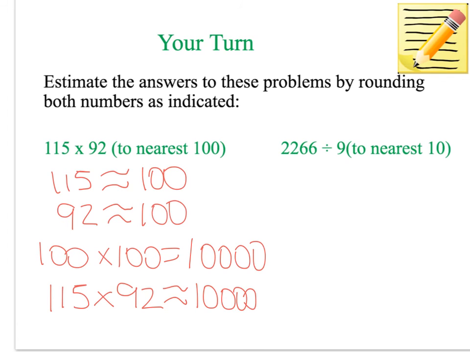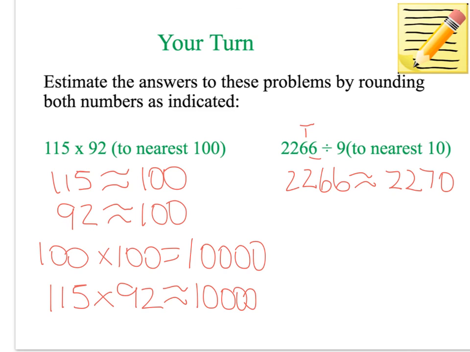All right, pause the video and do the next one. Now this is division, so we need to divide when we find these answers. So I hope you did that. So quickly pause the video and fix it up if you didn't. All right, so we're going to round to the nearest 10 this time. So this is the tens column here. So we need to round to this one. So we look at the next digit. So 2,266 is approximately equal to 2,270.